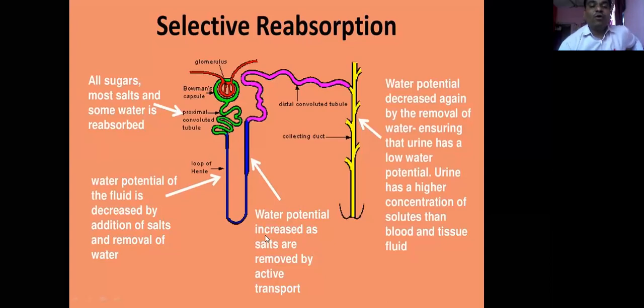But here the water potential increases as salt is removed by active transport. This is the specific mechanism by which water and salt balance is regulated. Generally the water potential decreases again by the removal of water, ensuring that urine has a low water potential. It means it is completely balanced. In urine, water content is also essential, and all are regulated via these processes, which is also called the counter current mechanism.